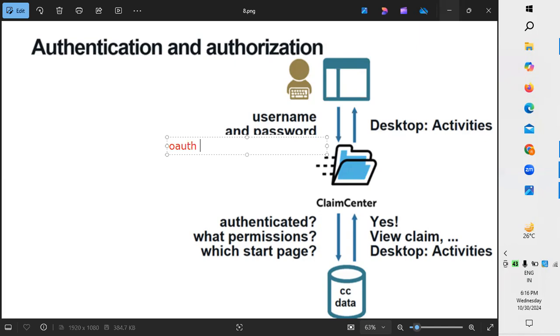For the claim process I have explained so far to continue, it is always important for us to perform the claim scrubber. This is where the authentication and authorization process comes into the picture. We need to authenticate and authorize the user ID credentials given by the user for the desktop activities you are performing. Subsequently, that information is moved to the claim center data, where you manage the claims.